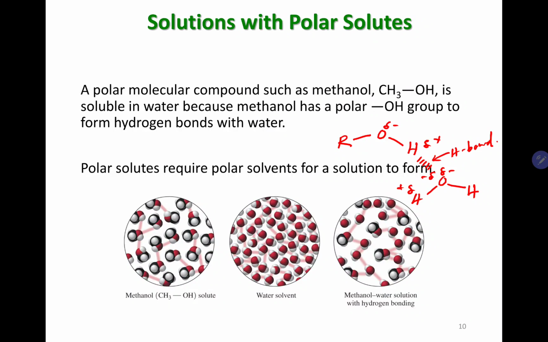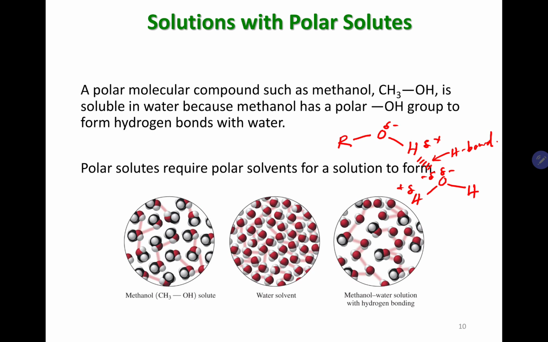That is why when you buy an alcohol bottle, in alcohol you have ethanol, not methanol. Methanol is toxic. You can't drink it. If you drink, you die. But usually these small alcohols like methanol and ethanol will form hydrogen bonds with water.